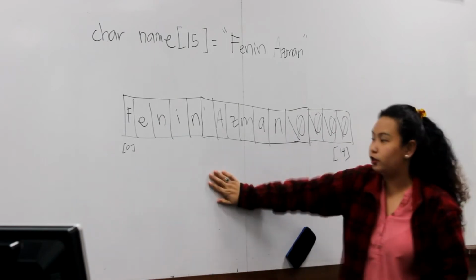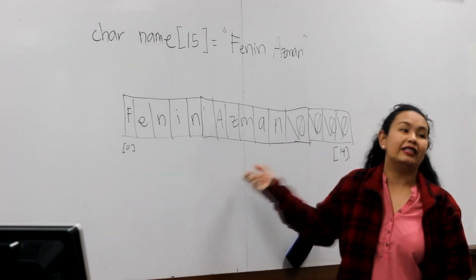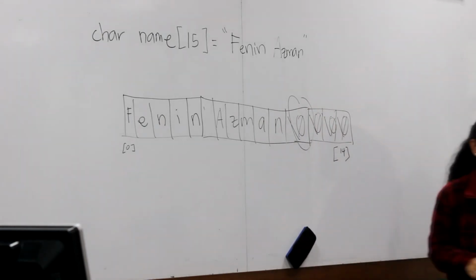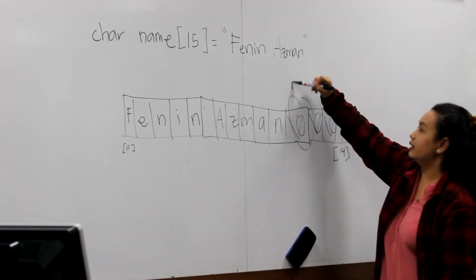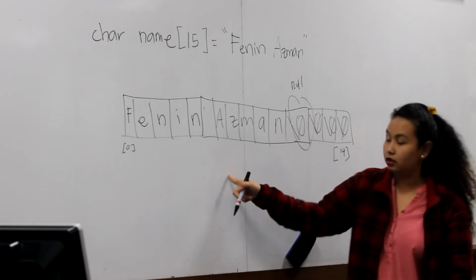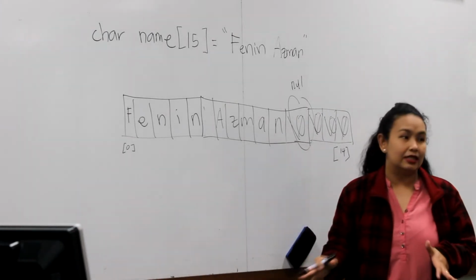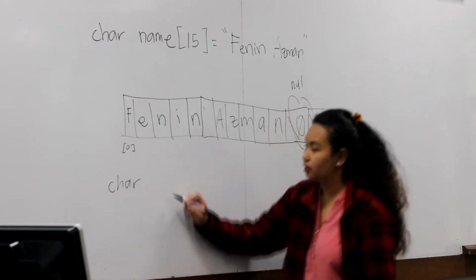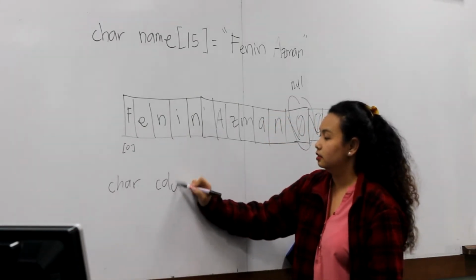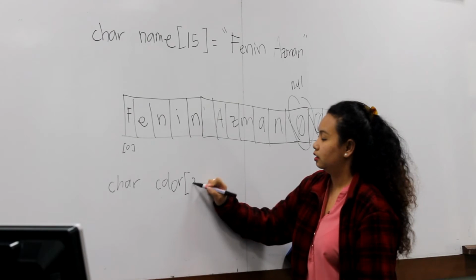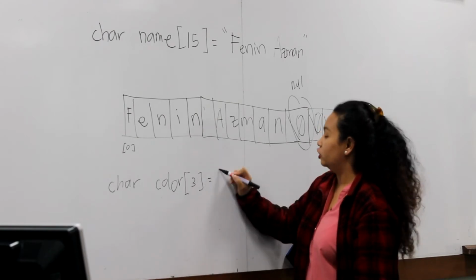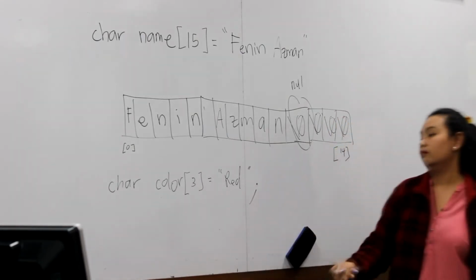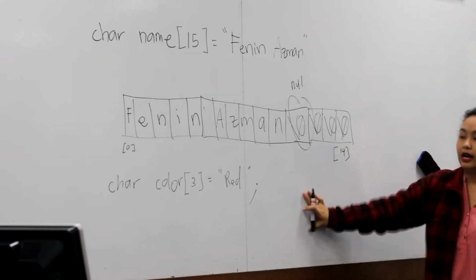The beautiful thing about this is that you need one extra space for your null character. This null character is to indicate that the string is done. So if I have something like char color 3 and I try to do red, can I or can I not do this?